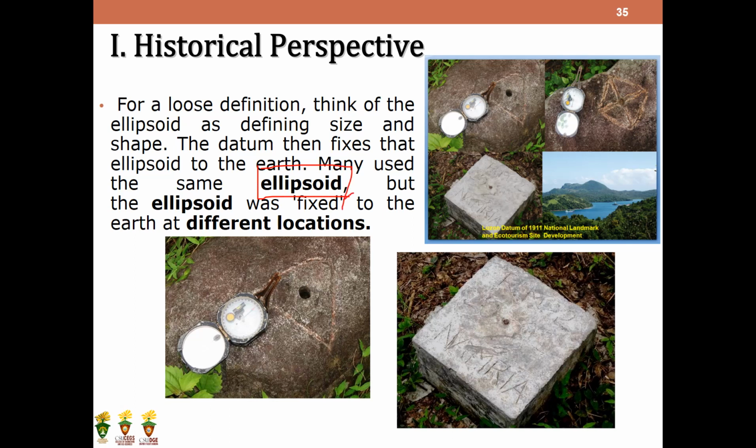But the ellipsoid was fixed to the Earth at different locations, since we are only fitting the ellipsoid to the geoid. In some parts the geoid is farther from the ellipsoid, either above or below its surface, so only some parts are actually fixed or coincide.